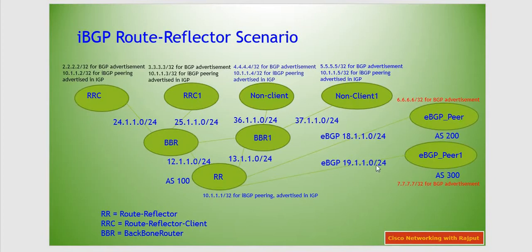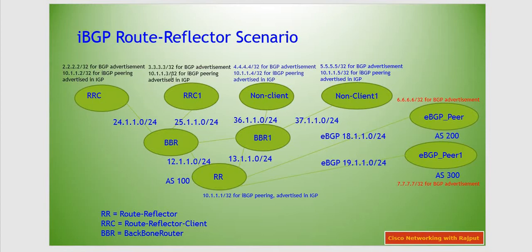Now let us have a look at the scenario we are going to use today. We have the RR, and these two are backbone routers, and this is route reflector client 1, route reflector non-client 1, and eBGP peer 1. These are the prefixes. 10.1.1.2/32 is used for iBGP peering.